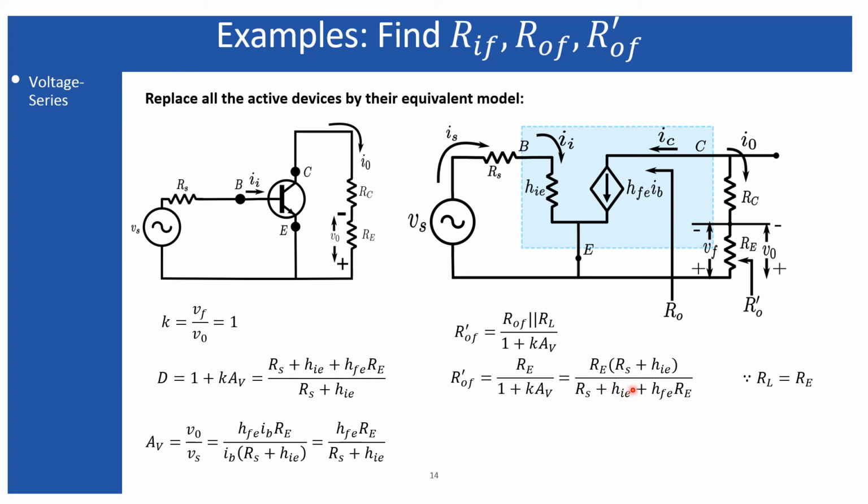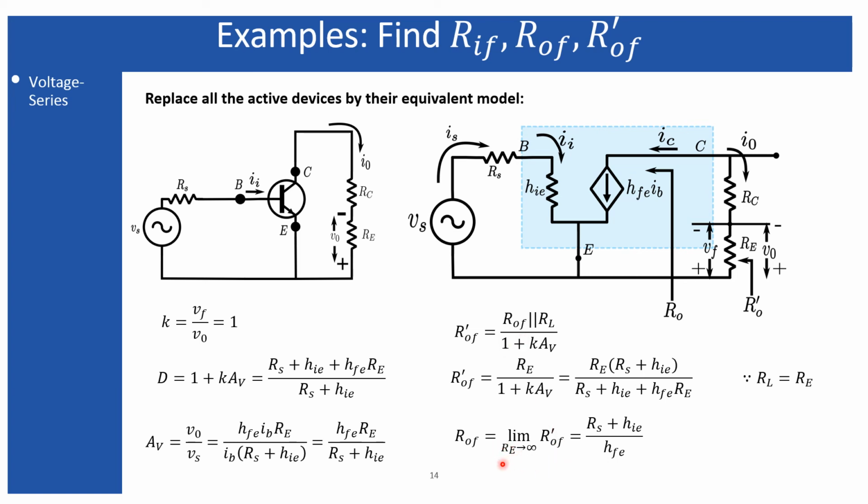I have replaced it over here, and from this expression I can easily find out what is Rof by limiting the emitter resistance to infinity in this Rof dash, because Rof dash and Rof basically follow the same rule that A capital V and A small v follow. Rof dash is considering the load impedance, whereas Rof is not considering the load impedance.